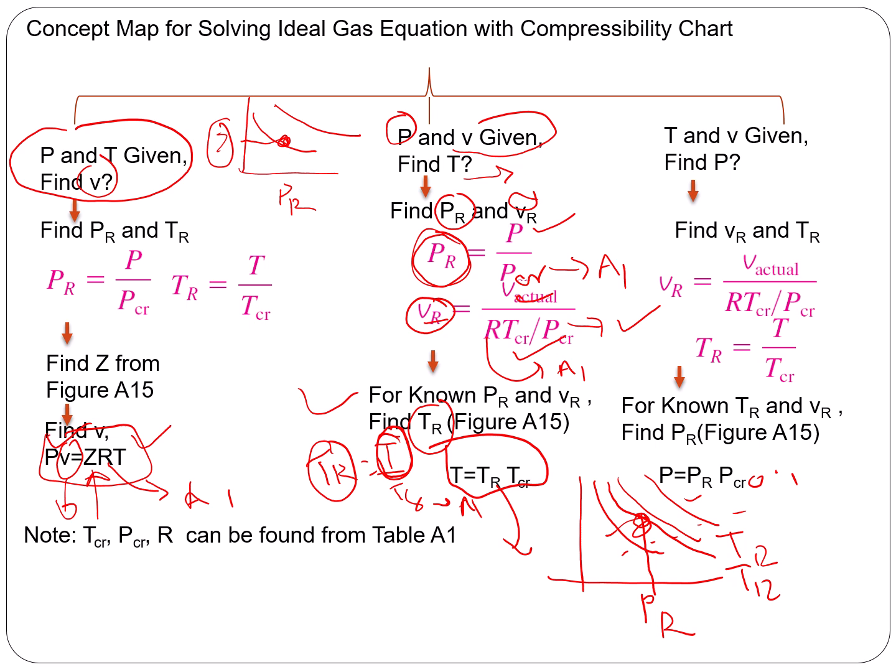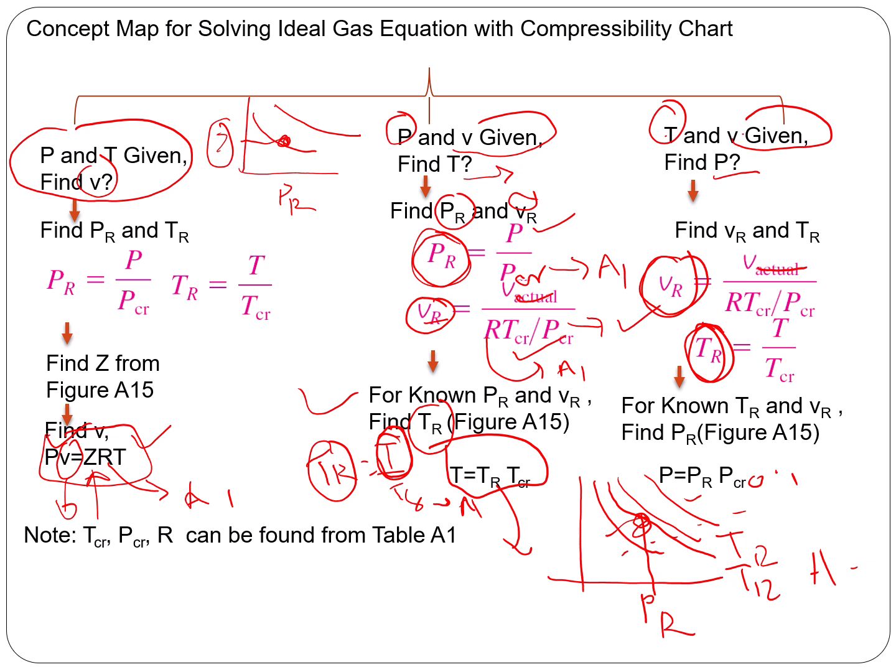Third case could be temperature and specific volume is given, you need to find the pressure. Again, it's all about making use of this figure A15 to get that. So calculate reduced specific volume, calculate reduced temperature because T and V is given. Once you know that, from reduced specific volume and reduced temperature, you can look at this intersection point, right?